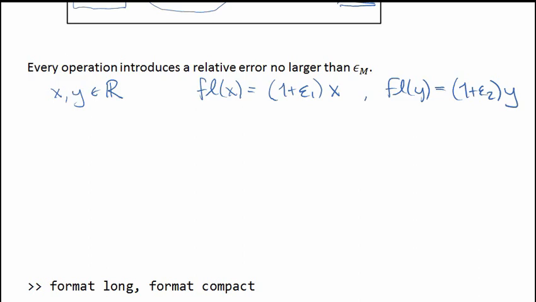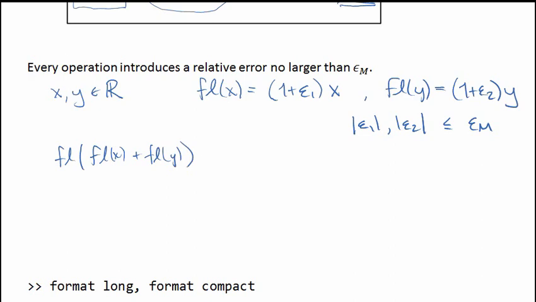But I do know that epsilon 1 and epsilon 2 are both less than or equal to machine epsilon. Now, if I want to add those two values together, the result of adding the floating point values together by our assumption above is equal to some other, yet a third small perturbation of the true result for the floating point values.